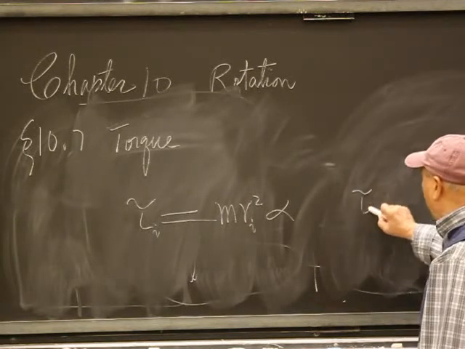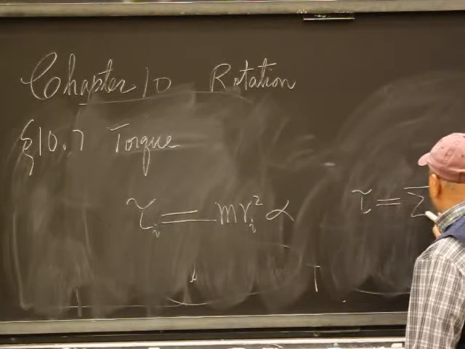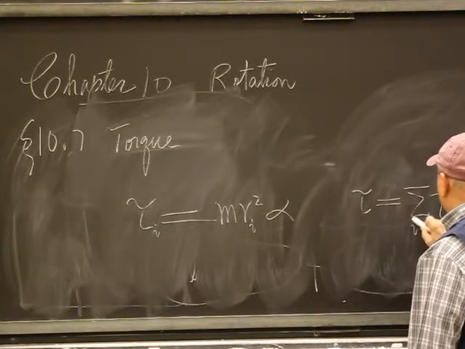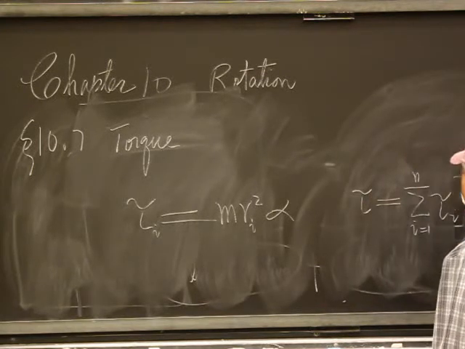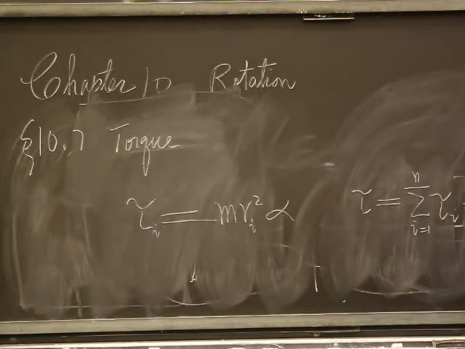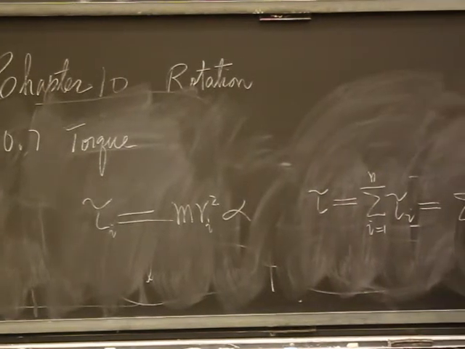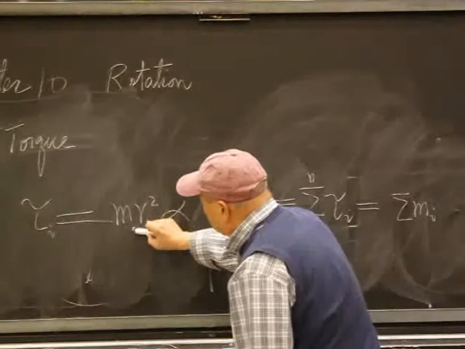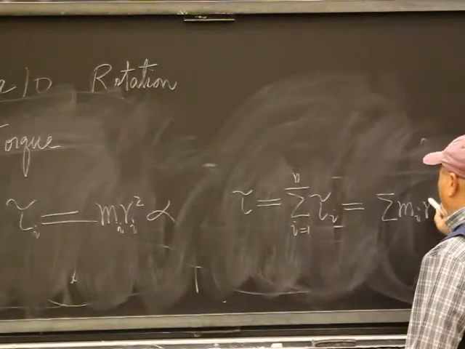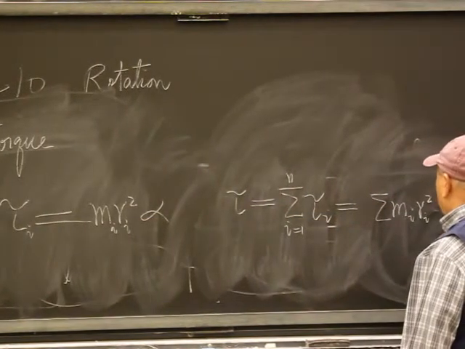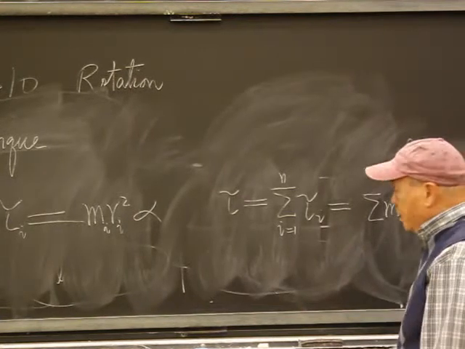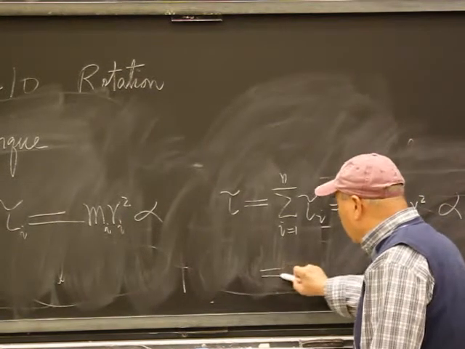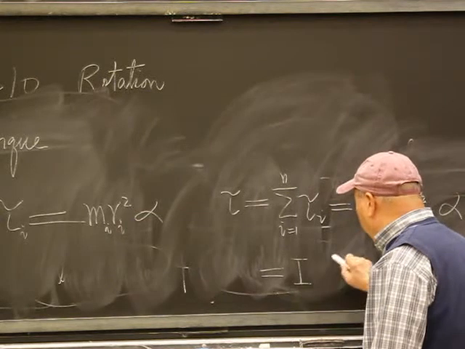So the total tau equals the summation of tau_i, i equal to 1 to n, which is the summation of m_i r_i squared times alpha. So ladies and gentlemen, that is equal to I alpha.